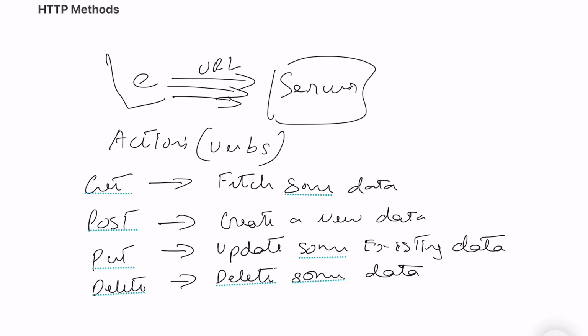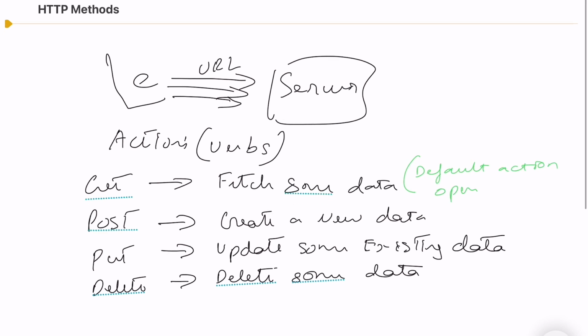So for example, this fetch is always the default action when you open a URL, for any URL in the browser. The get is the default. Post is something when you are filling up some form.